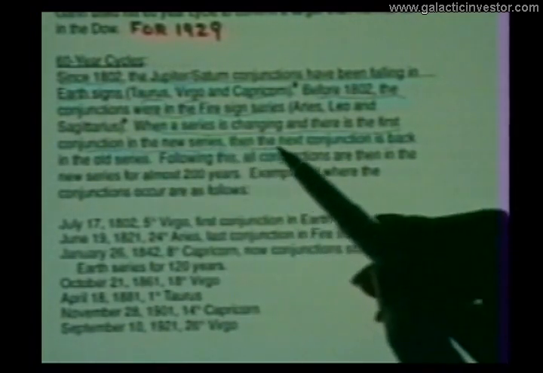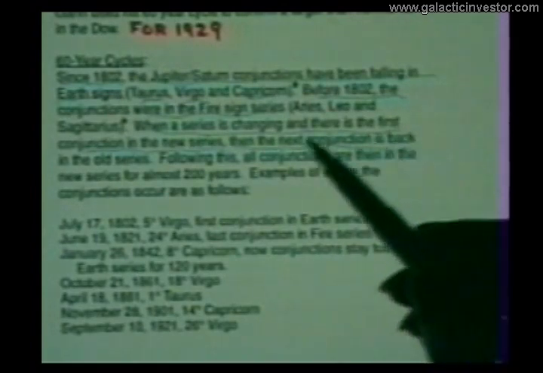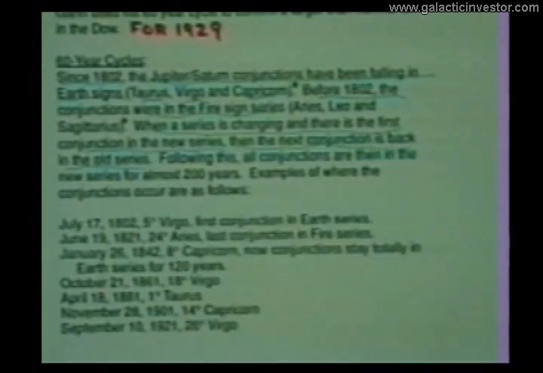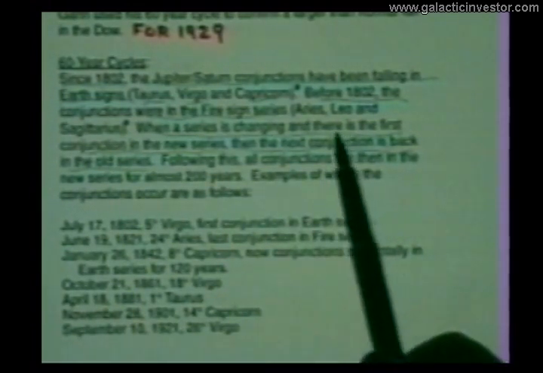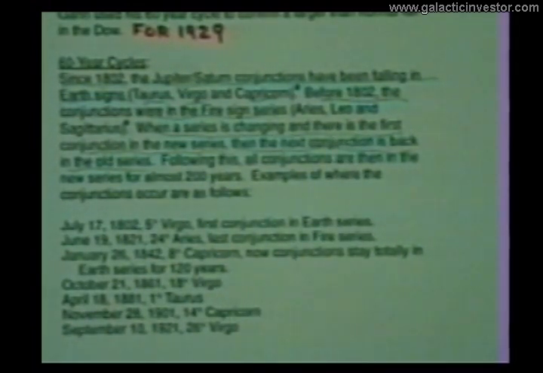You'll get one conjunction in the new series, and then you'll get one in the old series. What happened here was that the first conjunction was in earth signs, then a second conjunction was back in the old fire sign, and then a third conjunction was in earth signs, and from that point on we had earth signs till we're here today.